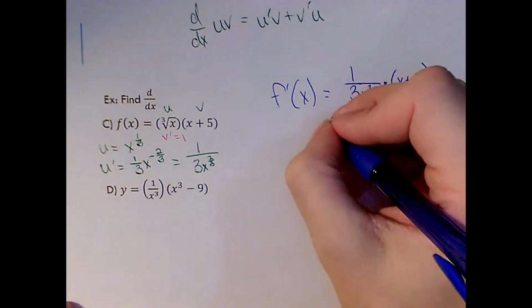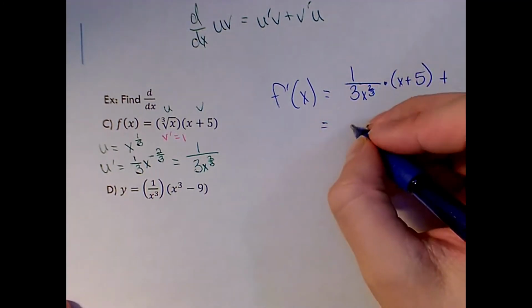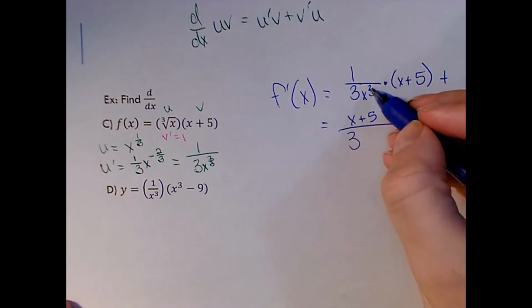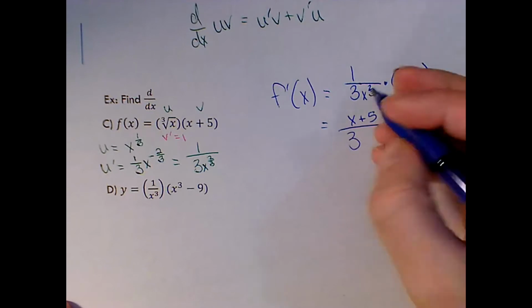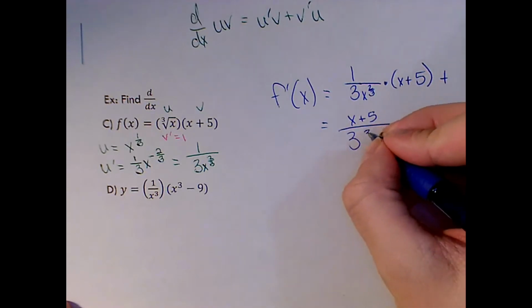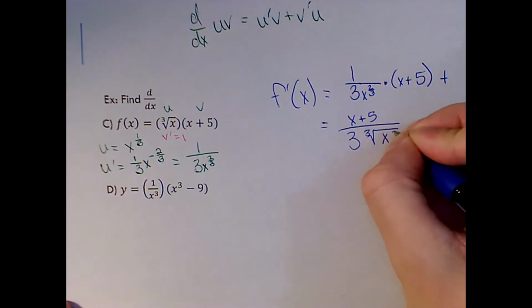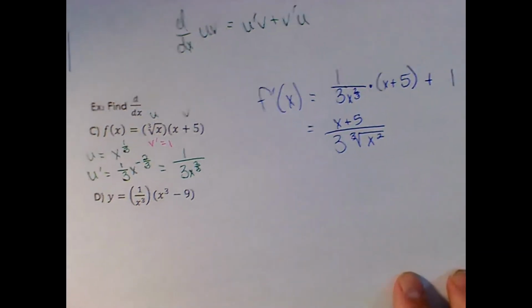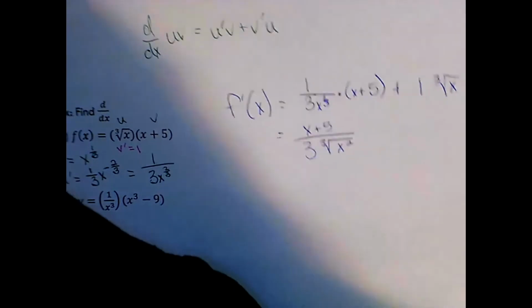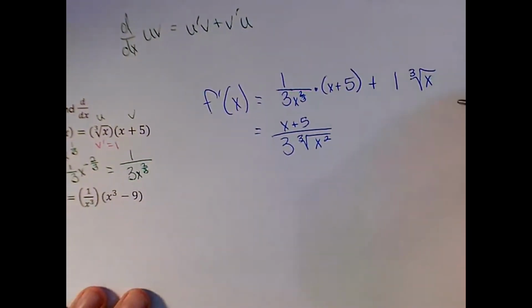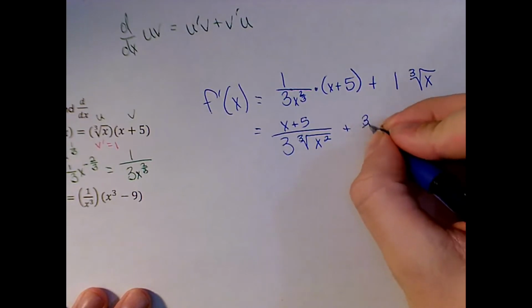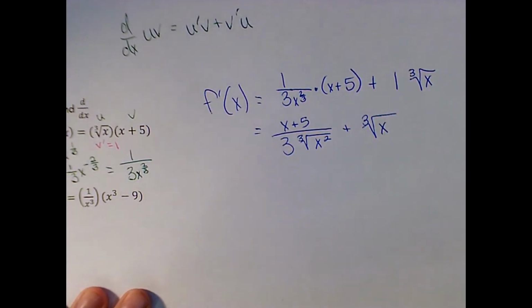So just to stay consistent, x plus 5 stays on top because it's multiplied by 1/3. I don't like my exponents as fractions, so I will turn that into the cube root of x squared. It doesn't matter if you leave it like that. This is just a personal choice, and I'm allowed to have it, so please, how dare you discriminate. And 1 times the cube root of x is just the cube root of x.